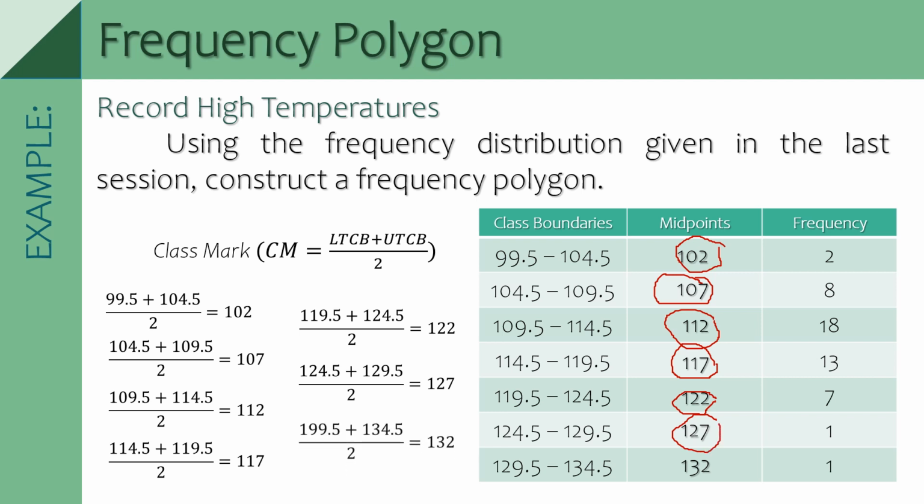And then the last one is 129.5 plus 134.5 all over 2 is equals to 132. So, ito na yung gagamitin natin sa x-axis natin, yung midpoint na yan. So, still our y-axis is the frequency.